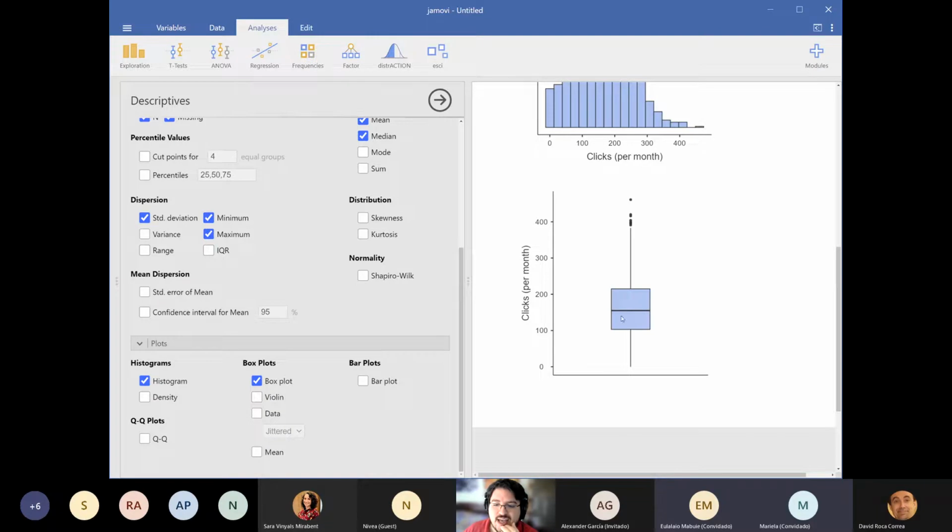Then inside the box, there are 50% of observations, and outside, sorry, is that a question? The median is represented by the line.